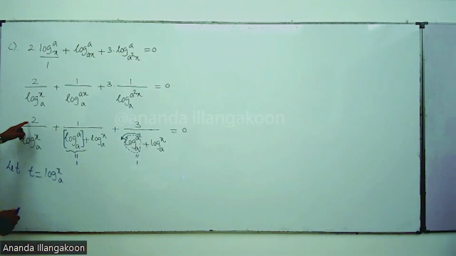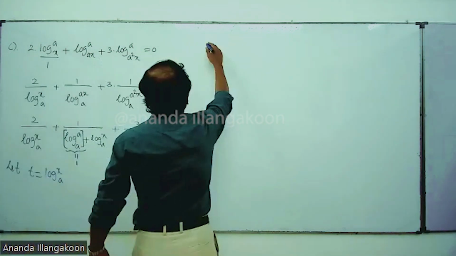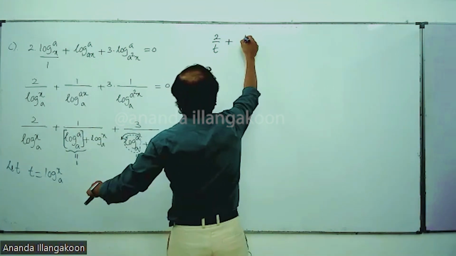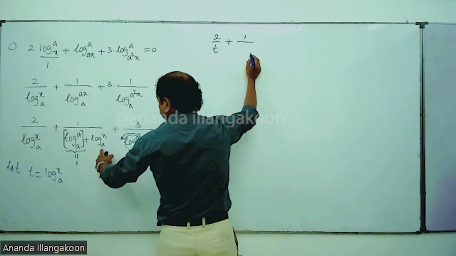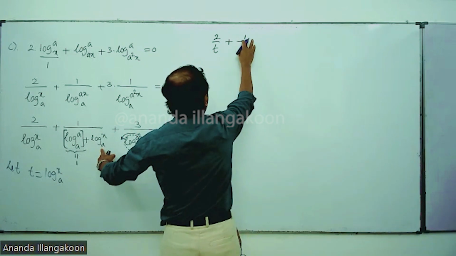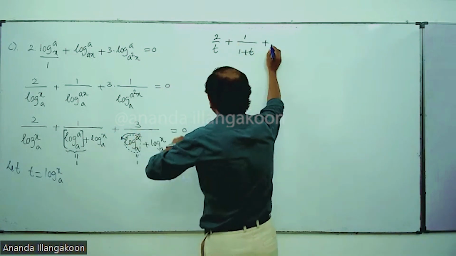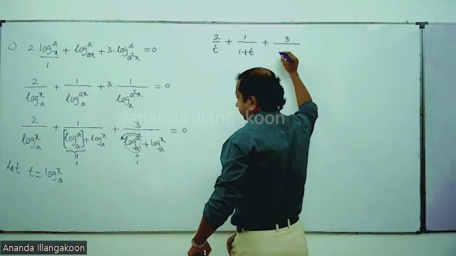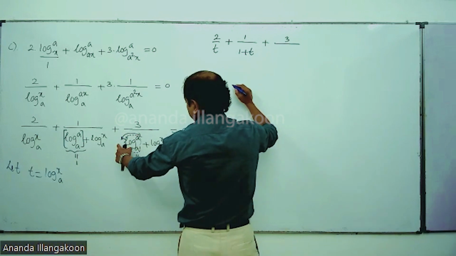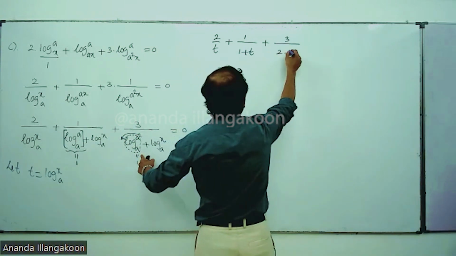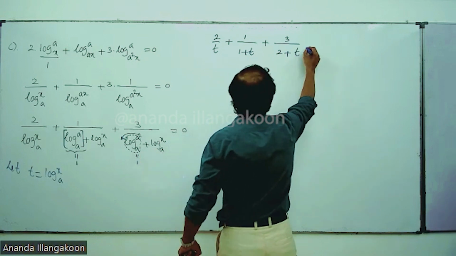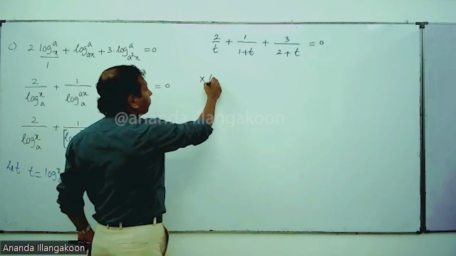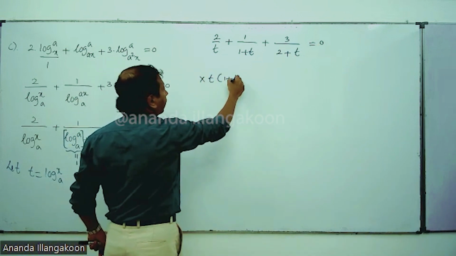Then we get 2 over T, plus 1 over 1 plus T, plus 3 over, we told that 2 can be put before, no? 2 into 1 means 2 plus T, equals 0, right?